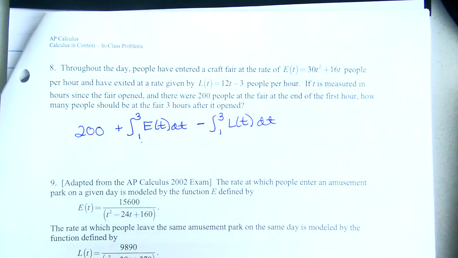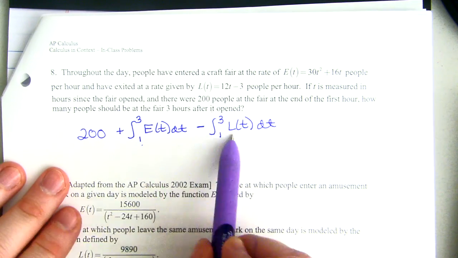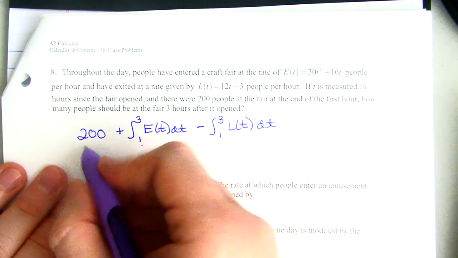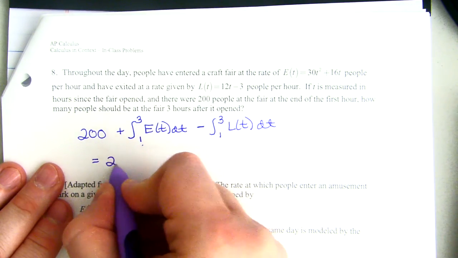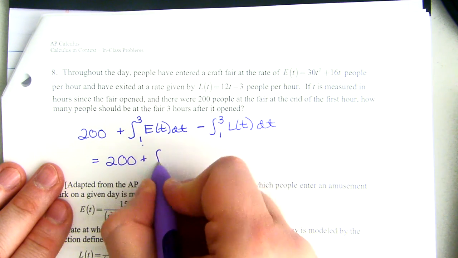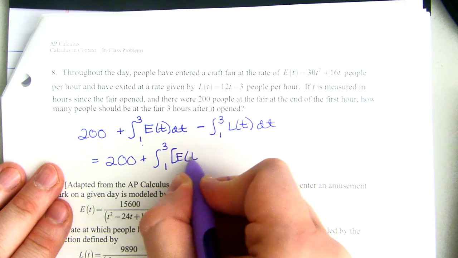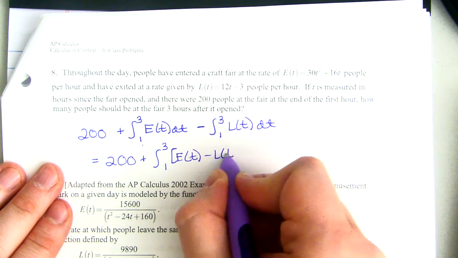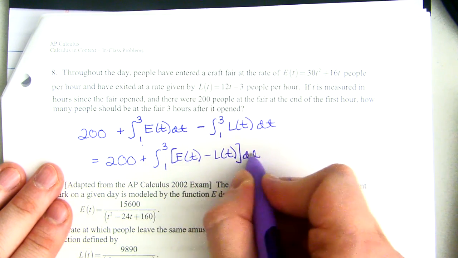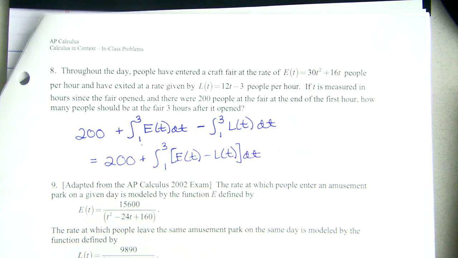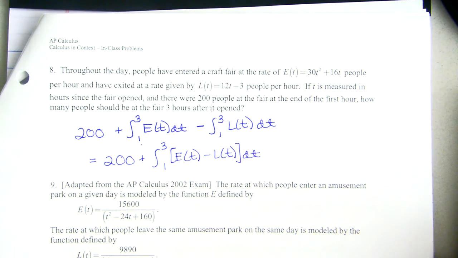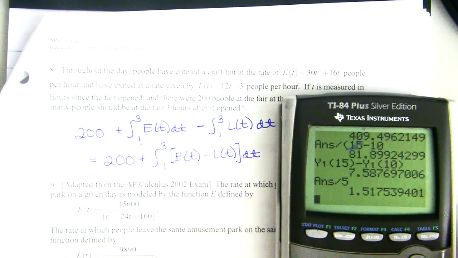You know what? We can simplify this a little bit. Because both of these integrals have the same limits of integration, I can combine them into a single integral and say 200 plus the integral from 1 to 3 of E of t minus L of t dt. To do this on the calculator, I'm going to store E of t and L of t in different functions.